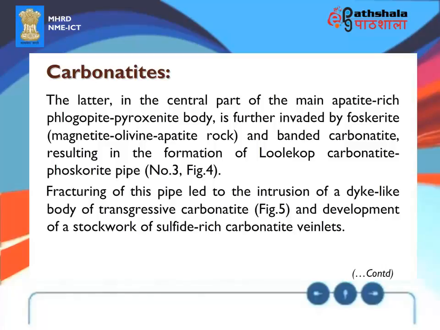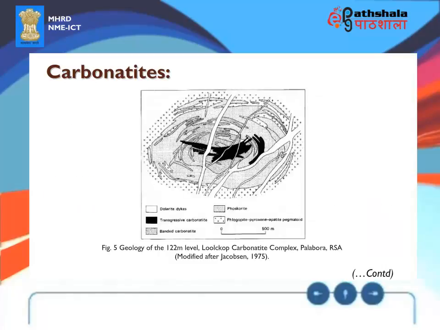Fracturing of this pipe led to the intrusion of a dike-like body of transgressive carbonatite, as shown in figure 5, and development of a stockwork of sulfide-rich carbonatite veinlets. Figure 5 shows the geology of the 122 meter level Loolekop carbonatite complex, Palabora, South Africa, modified after Jacobson 1975.